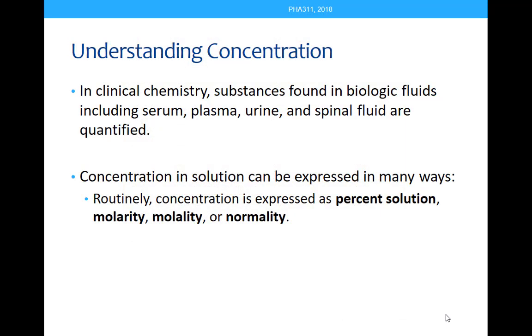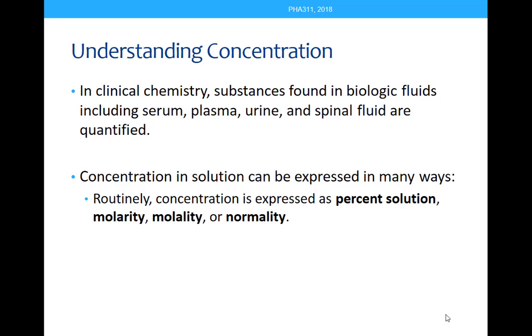Now understanding concentration. Because in the biochemistry lab you are dealing with samples which are solutions. Whenever you talk about a solution, it has two components, solute and solvent, and concentration is a very important aspect there, right? And for the reagents that you are using to do the test, concentration is also very important.